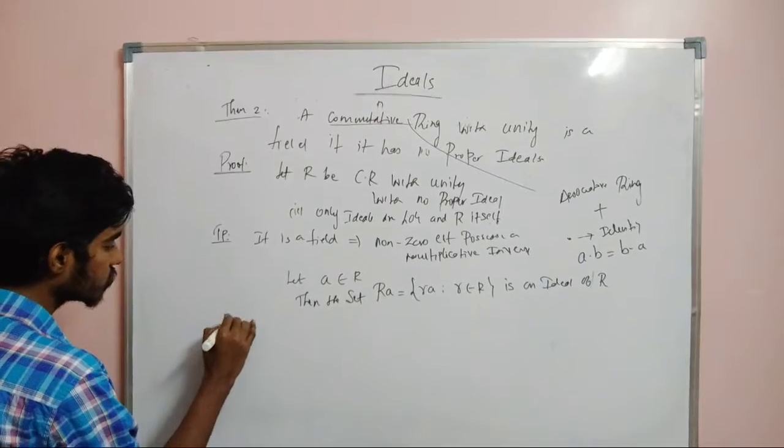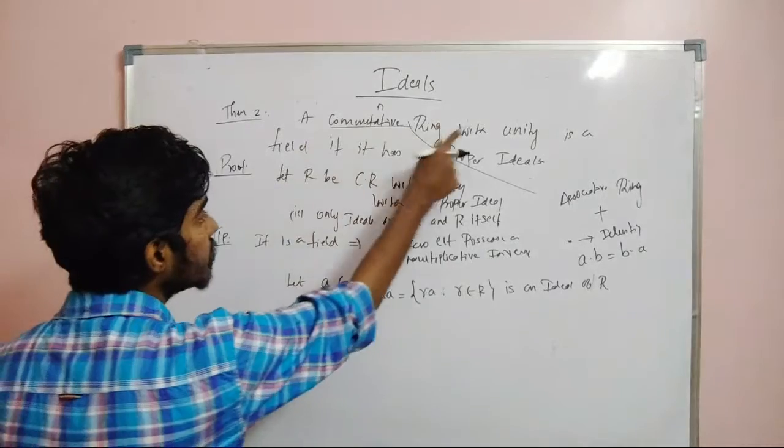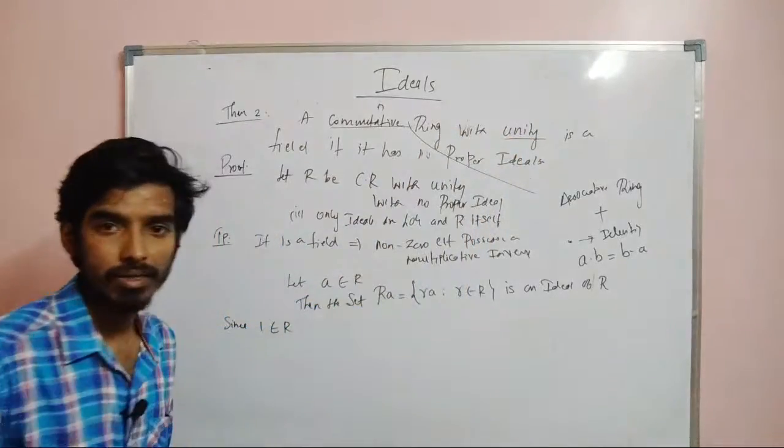Now, since 1 belongs to R, why? Because it is a commutative ring with unity. It has a unit element, that is, it has 1.